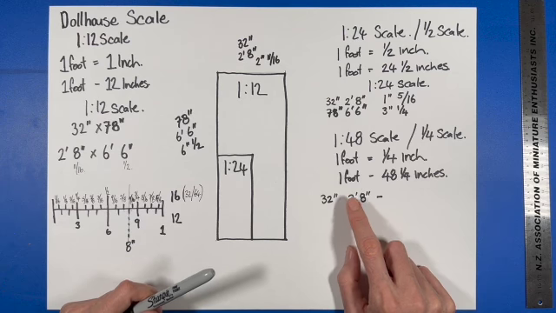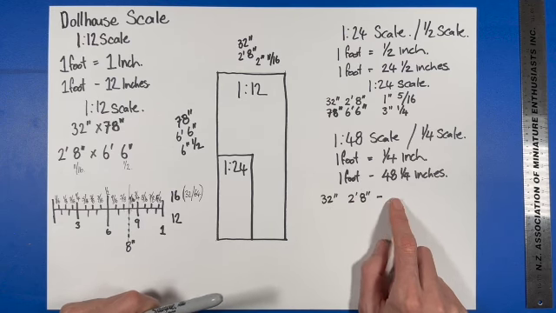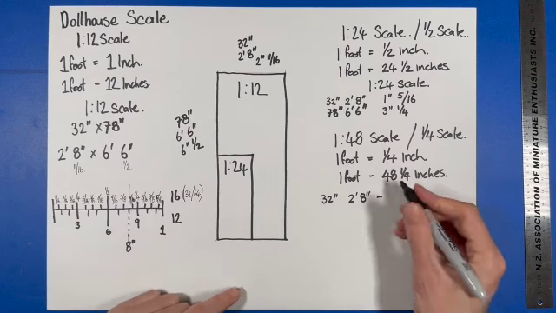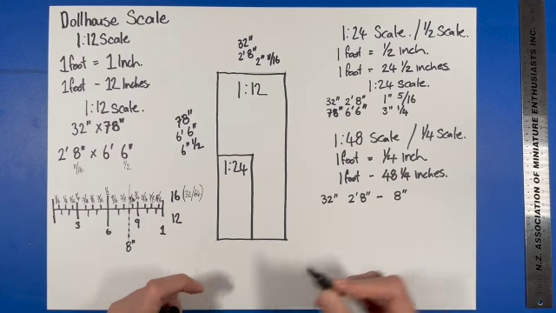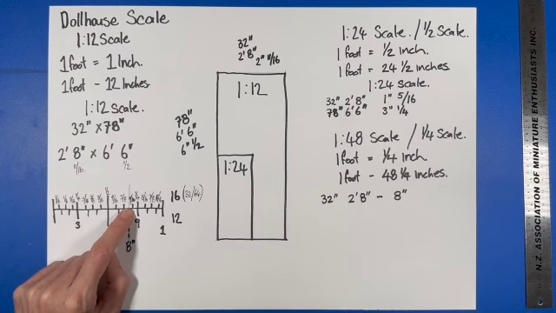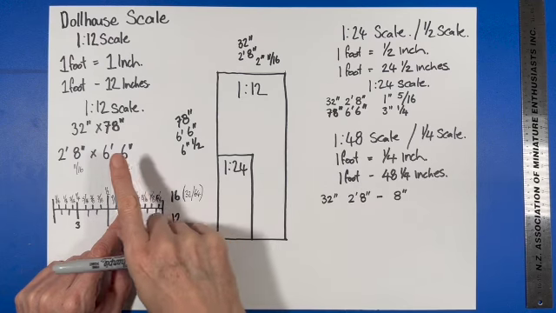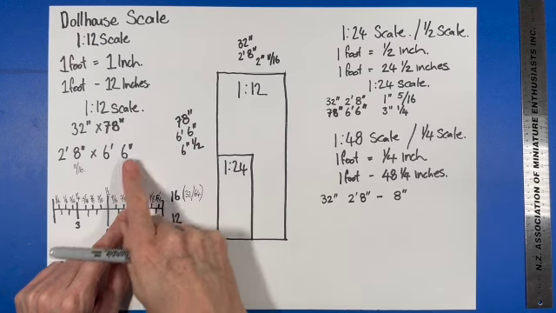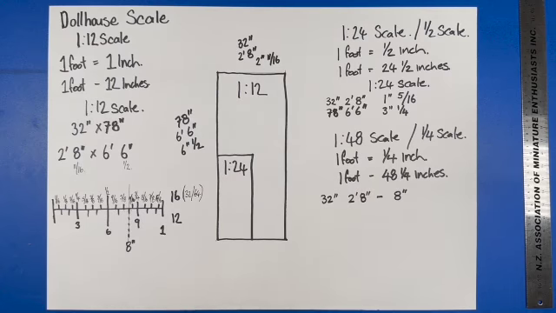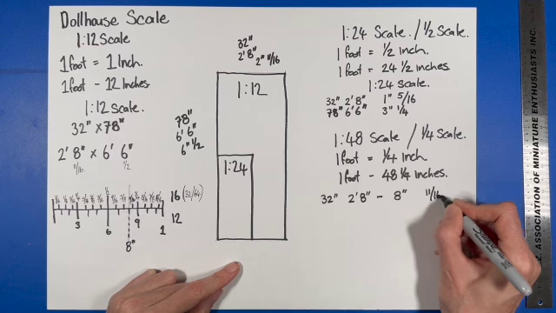So half of 1 foot is 6 inches, and then half of 4 is 2 inches, so 6 plus 2 is 8. So this will give us 8 inches. So as you can see, we've got 8 inches here. Now we know from our original scale over here that that gives us 11/16. So we know that 8 inches is equivalent to 11/16.